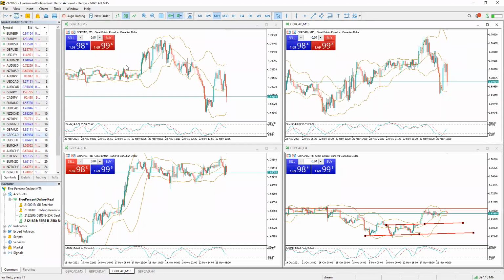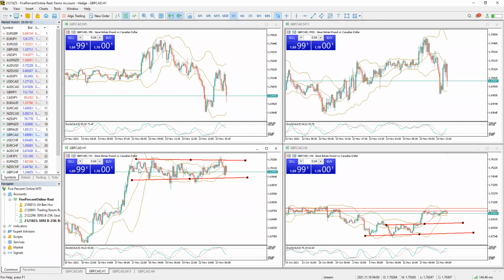All right, so that's what I see on the GBP CAD. The market is consolidating. You see it even on the H1, there is this kind of zone here, approximately. So the market structure is building up, then it makes a base. There are two scenarios.